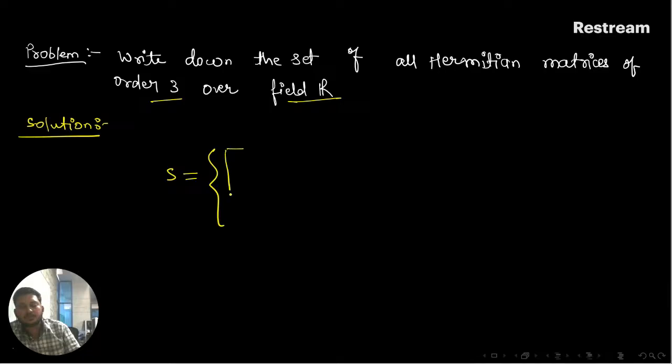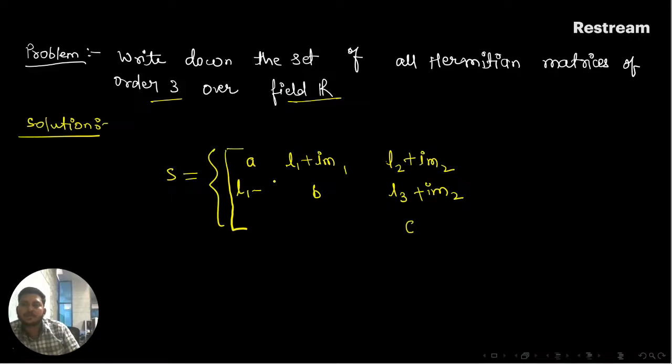Take entries like this: A, L1 plus iota M1, and L2 plus iota M2, and take A, B, C as the diagonal. Here the elements are put like this, because these are Hermitian matrices and we take the Z bar.